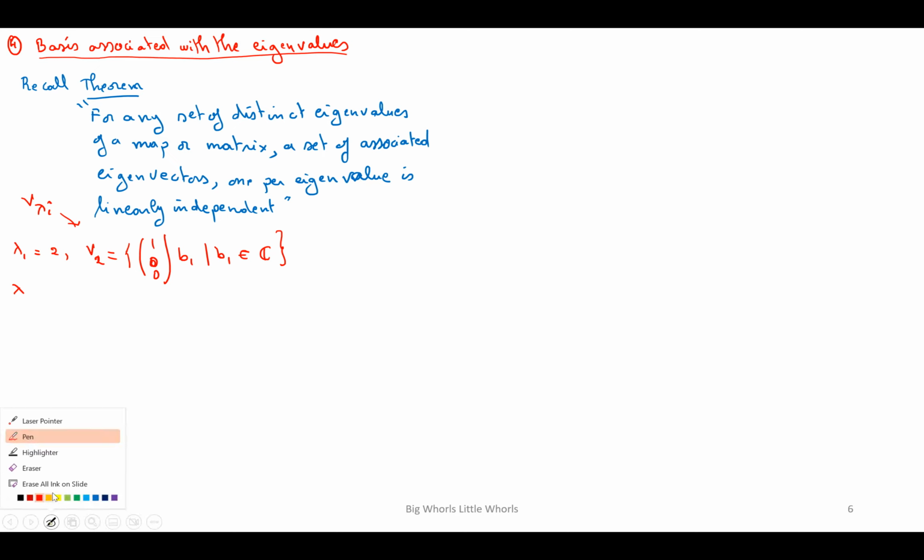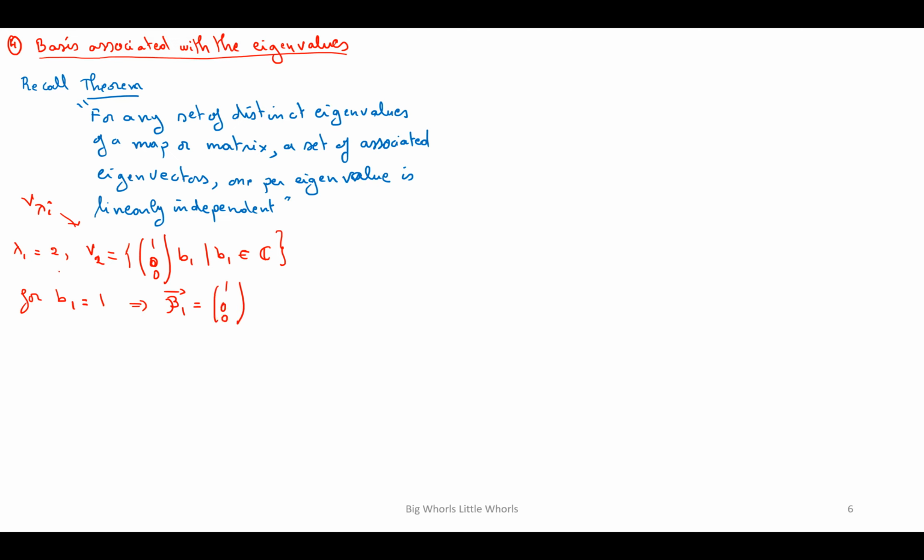Let me pick one vector from this eigenspace. Let me pick b1 equals 1. I have my first eigenvector, the first vector of my basis, beta 1 equals (1, 0, 0), as the theorem says.